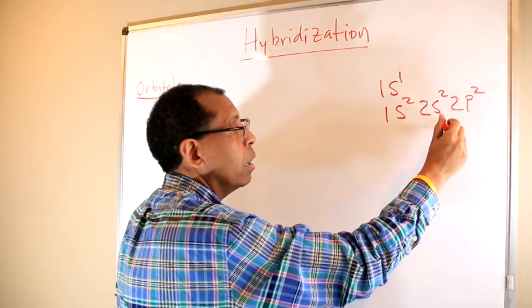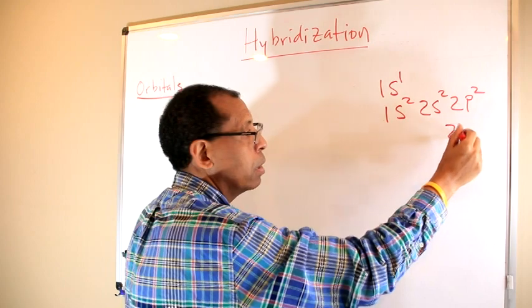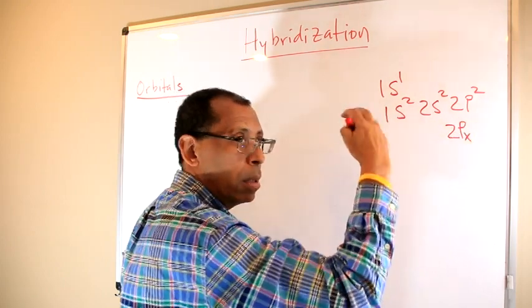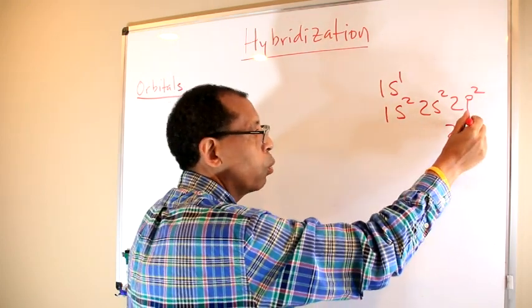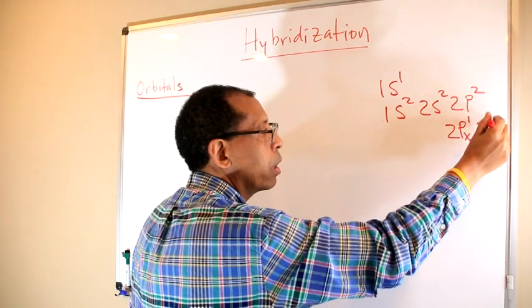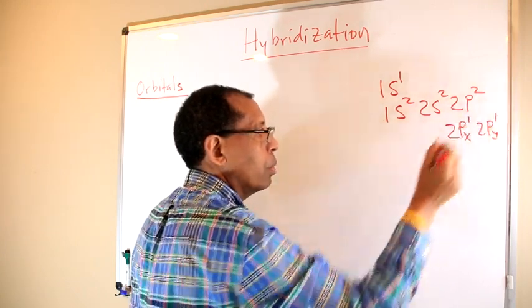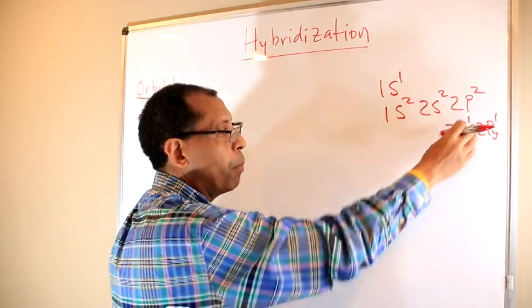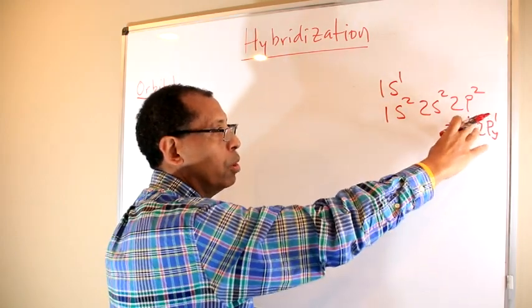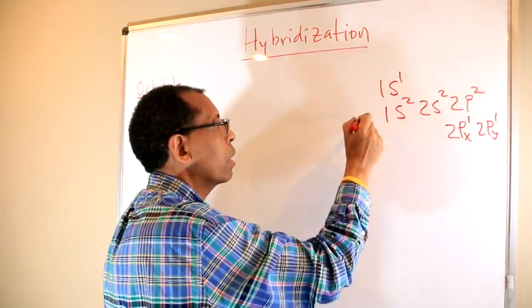That means if you expand this, in the px orbital there is 1, in the py direction there is 1 orbital.